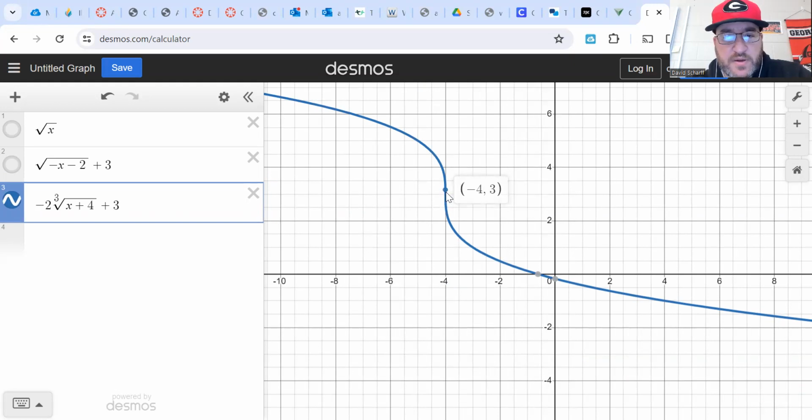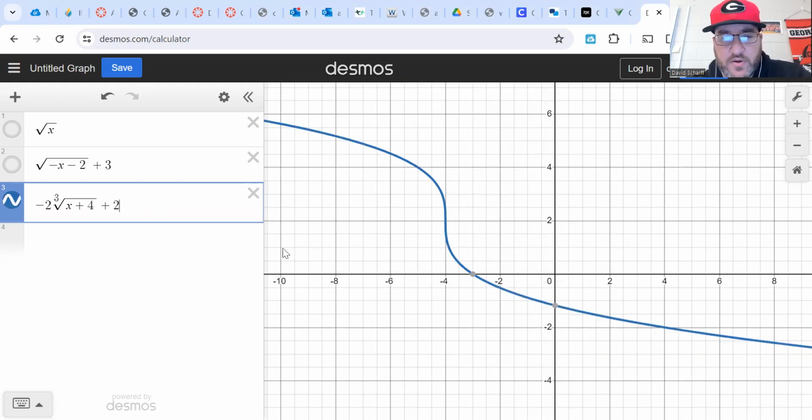It's kind of hard to see, but you can kind of put it in the middle here at -4.3. But that's not the x-intercept or the y-intercept. The x-intercept's right there, the y-intercept's right here. And those are kind of close. So the quote-unquote vertex would be right there. X-intercept would be right there. Y-intercept would be right there.